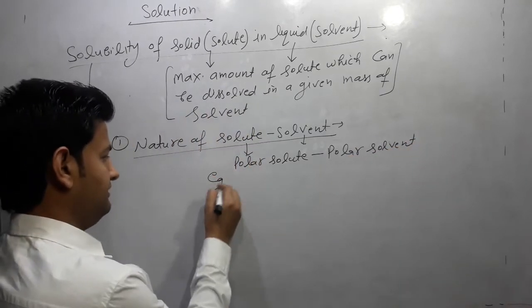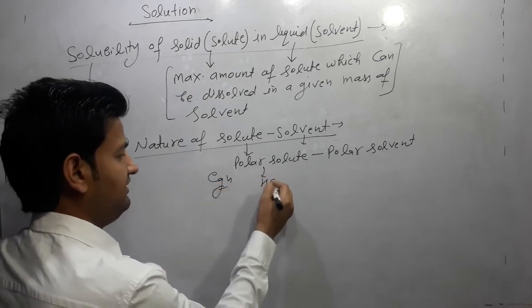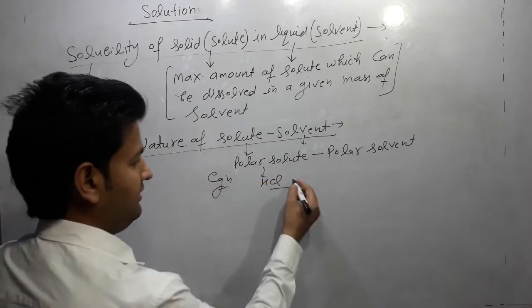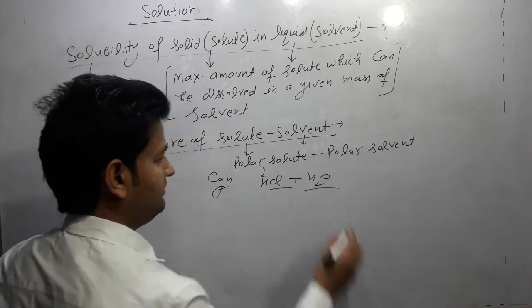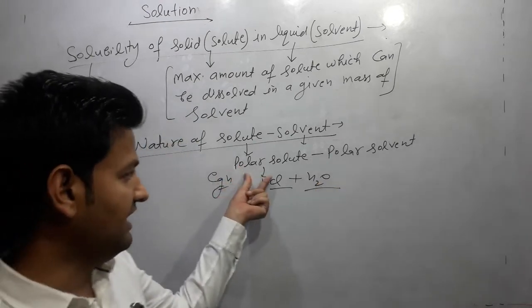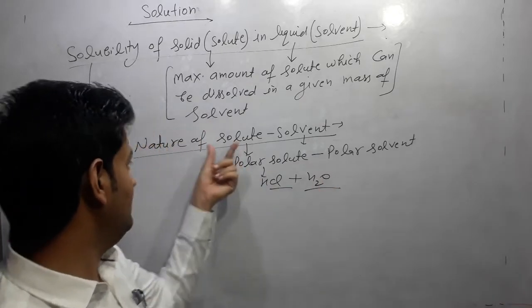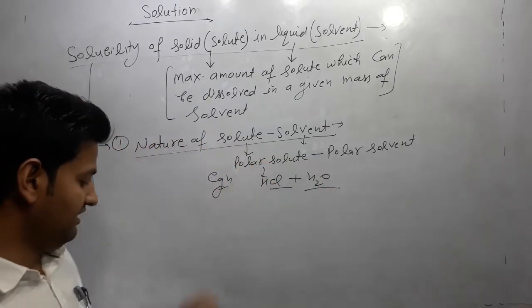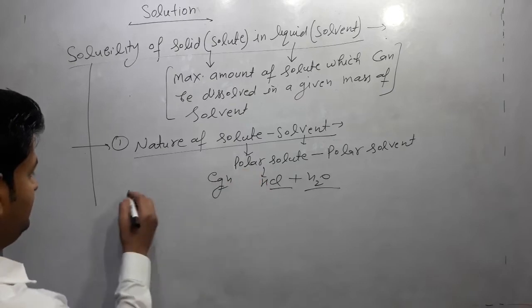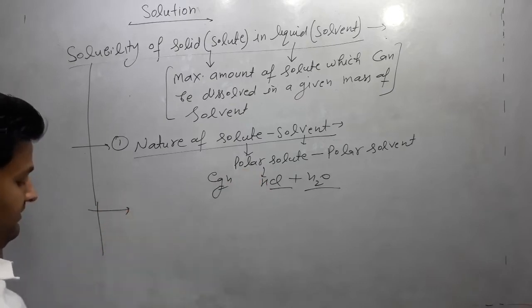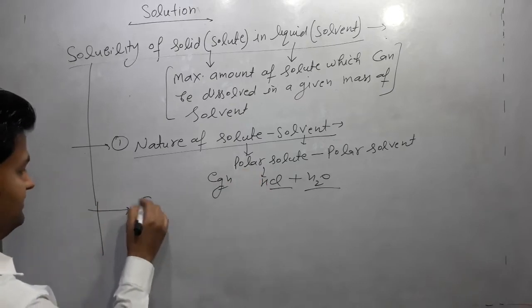For example, a polar solute, HCl gas, will dissolve in a polar solvent, that is water. It means like solute dissolves in like solvent. That is the nature of solute and solvent. The second factor on which solubility depends is temperature.